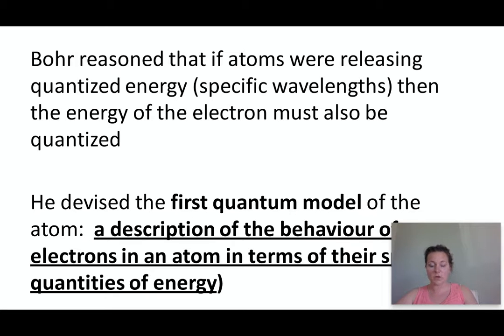That's what quantized means. And he comes up with the first quantum model. And this first quantum model basically describes the behavior of electrons in an atom in terms of their specific quantities of energy.